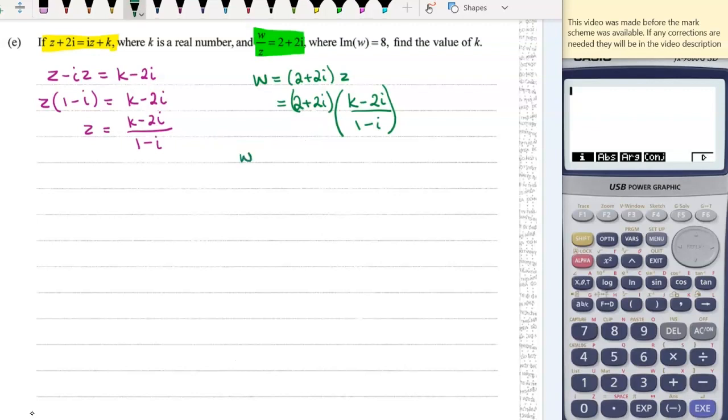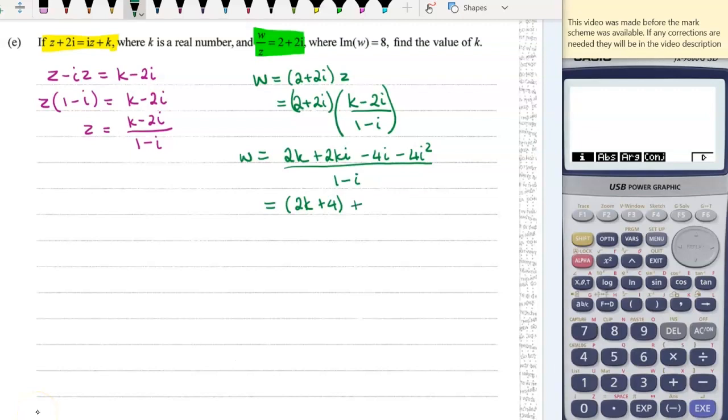So multiplying that through, we have that w is equal to 2k plus 2ki minus 4i minus 4i squared, all over 1 minus i. Now take the real parts of that. We've got 2k plus 4, because this bit here, minus 4 times minus 1 becomes a plus 4.